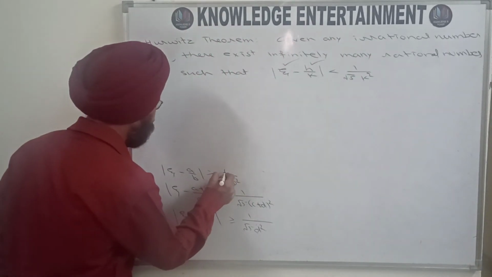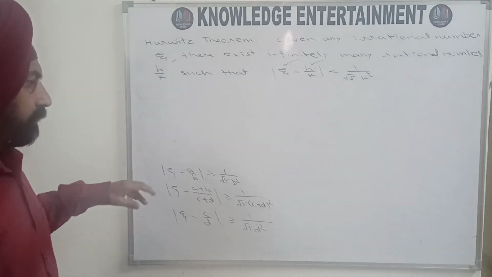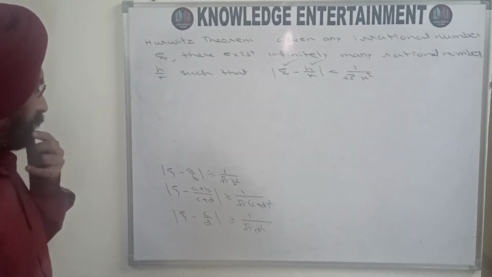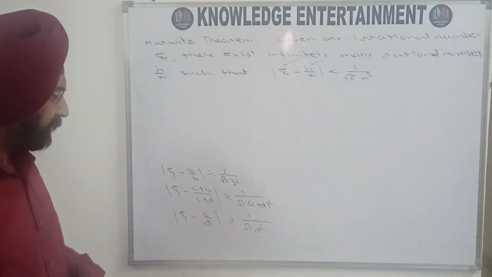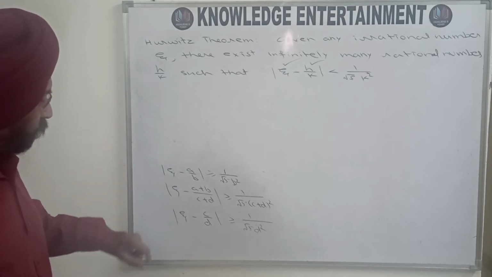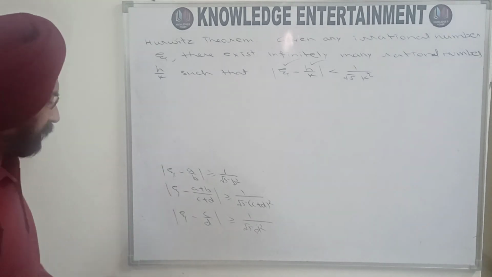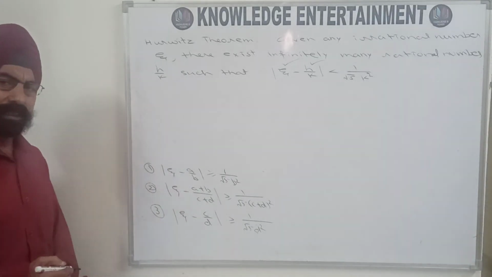Here you are having this. Now we are having these three inequalities. Note that if we add 1 and 2 and 1 and 3, this is your 1, this is your 2, this is your 3.